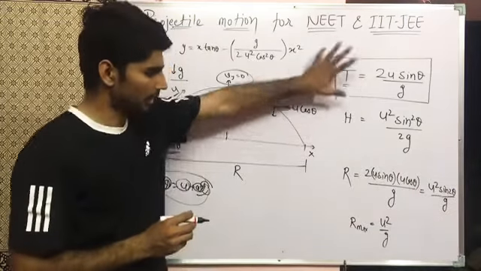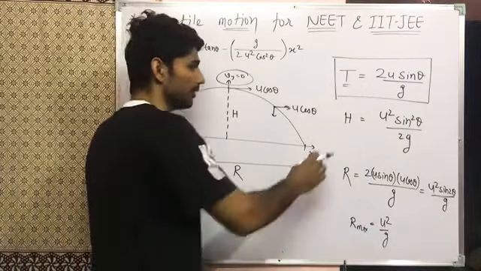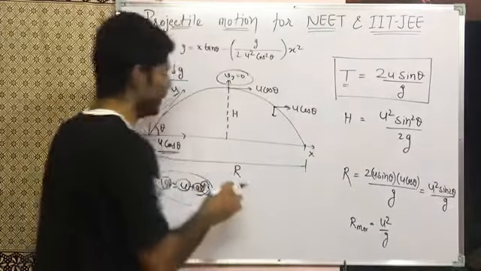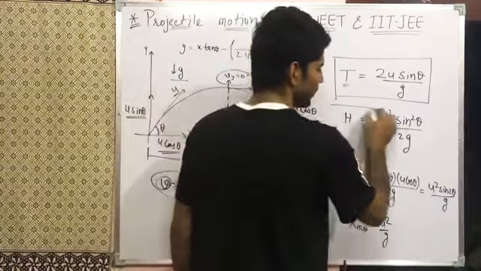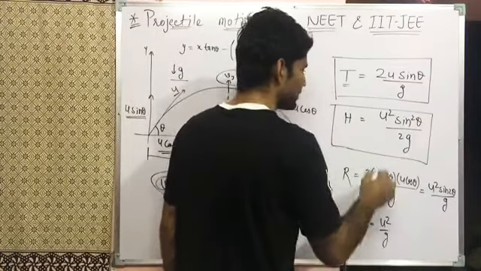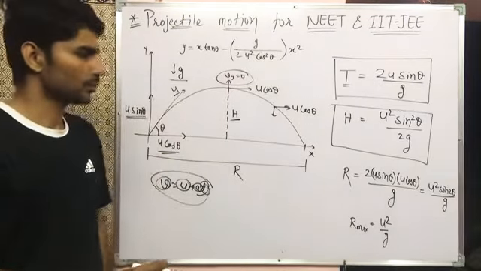You need to memorize all these formulas to become fast. Using this time period, the height of the projectile is u square sin square theta by 2g.